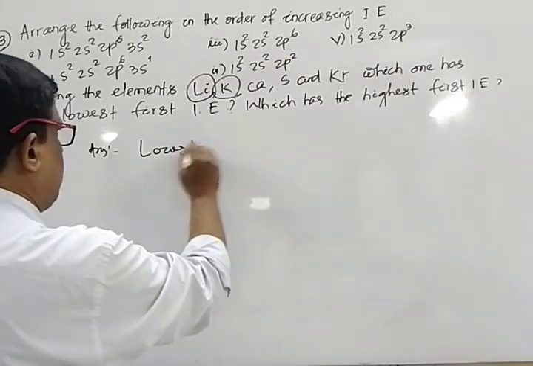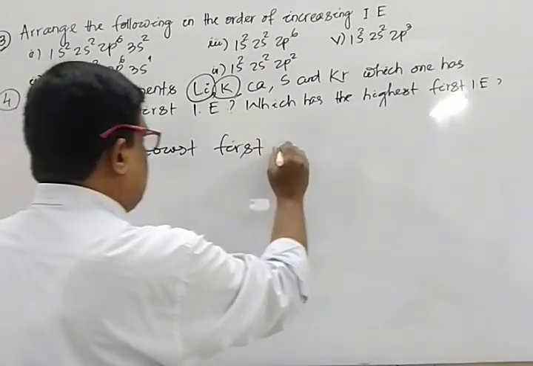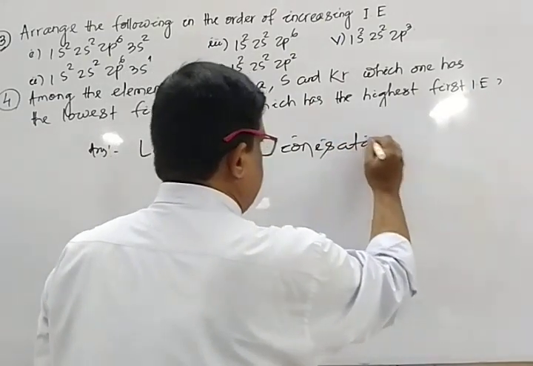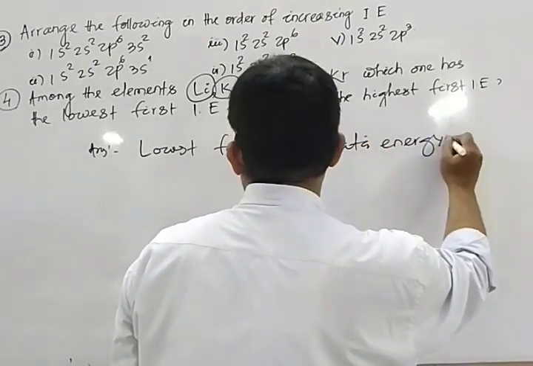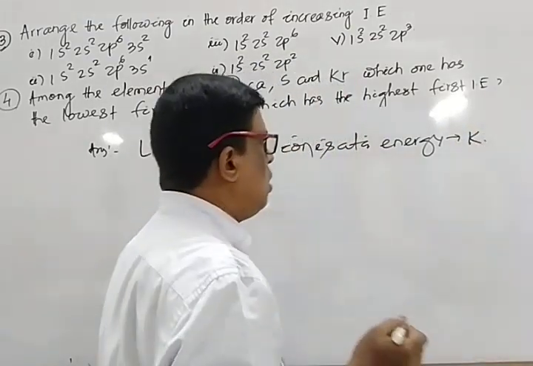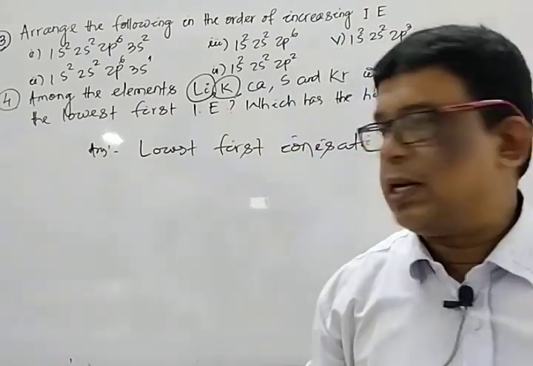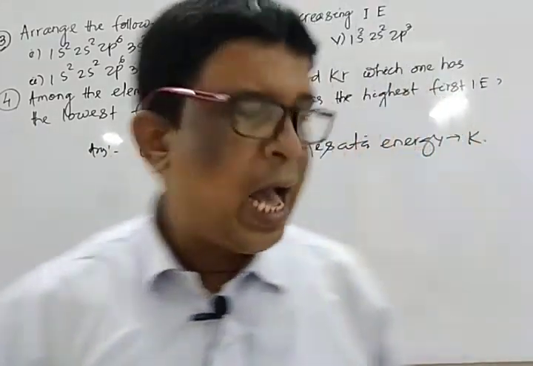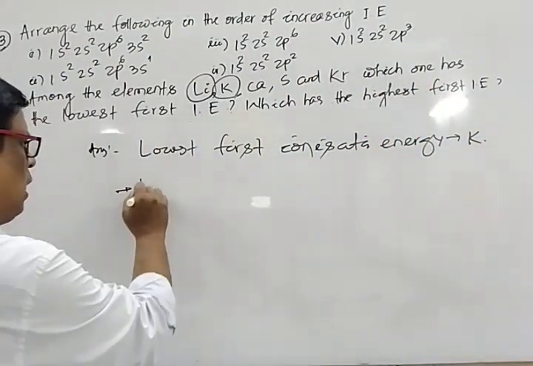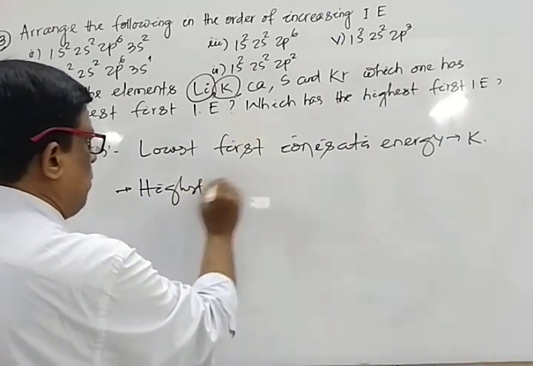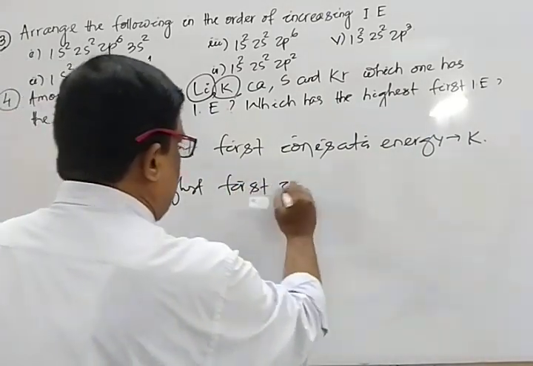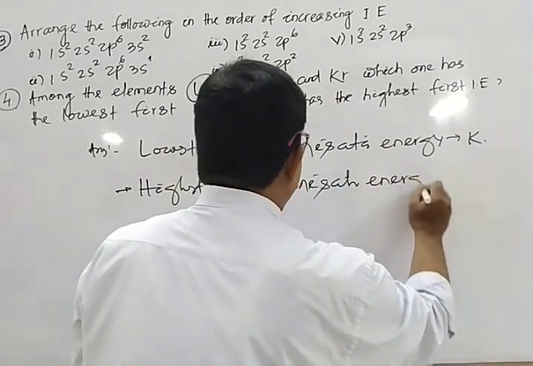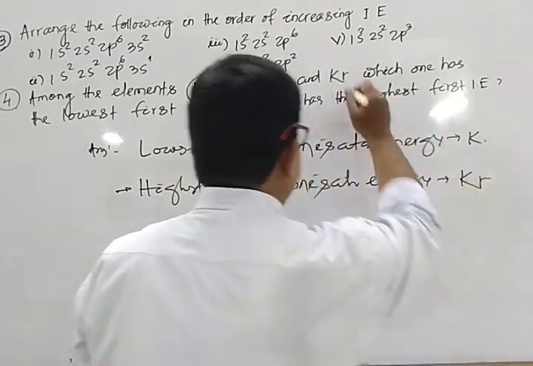So the lowest first ionization energy is possessed by potassium, while the highest first ionization energy is possessed by the noble gas, that is krypton.